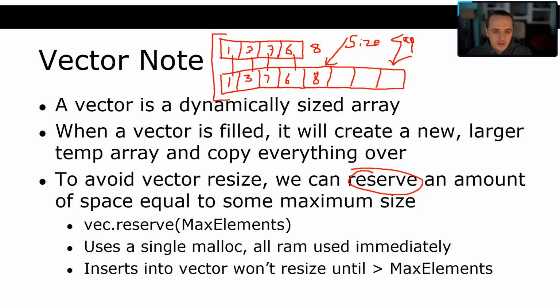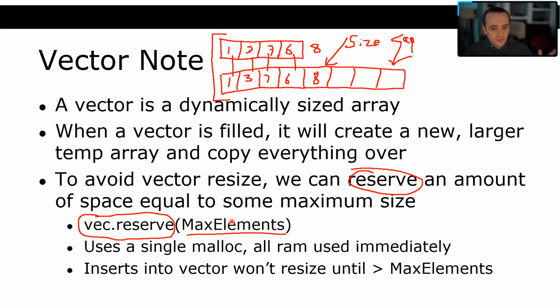So what I can do is immediately after creating the vector, I can say vector.reserve however many maximum elements I have. And what that reserve does is, when it initially creates the array, instead of it being size 4 or whatever small value it gave, it will create that initial array to be of size max elements.